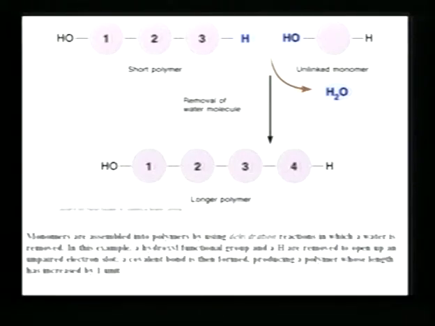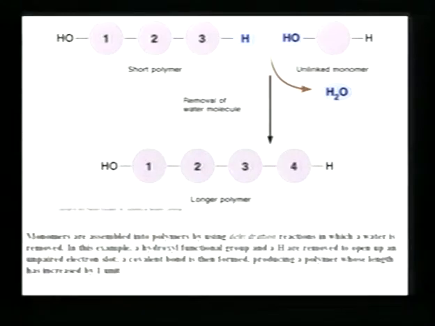All right, how do cells do this? They do a reaction called a dehydration reaction. A dehydration is a removal of water. So now you start to see why we have these functional groups that have hydrogens and hydroxyls on them, because you can take a hydroxyl and a hydrogen and put those together to produce water.